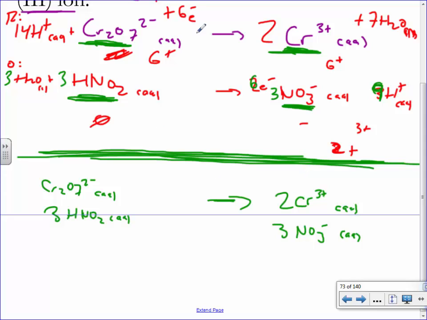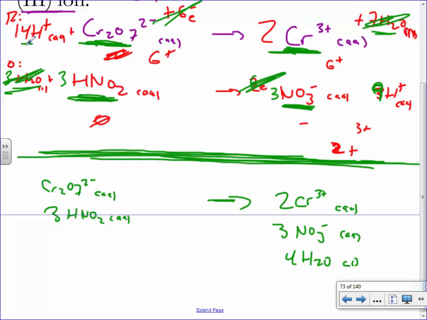Now I'm going to do the electrons. There's 6 electrons on both sides, so that's perfect. They should cancel. What about water? 7 on the right, 3 on the left. What's my net? 4 over here, right? 7 and 3 nets me 4 over on the product side.